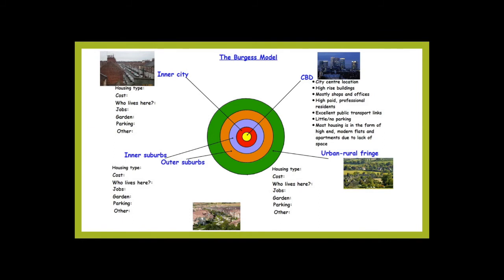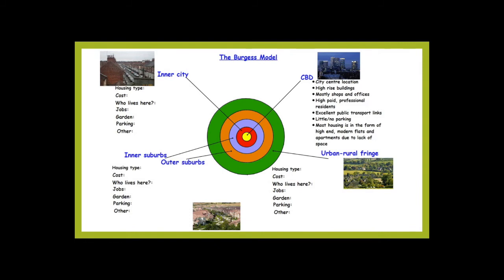You'll also find most of your shops and things here as well, and the people that tend to live here are your high-paid professionals, people that have maybe just left university or are just starting quite high-qualified, high-powered careers, which means that they're on plenty of money and can afford the high-end posh apartments in this zone.